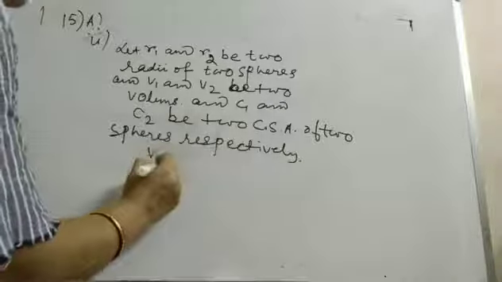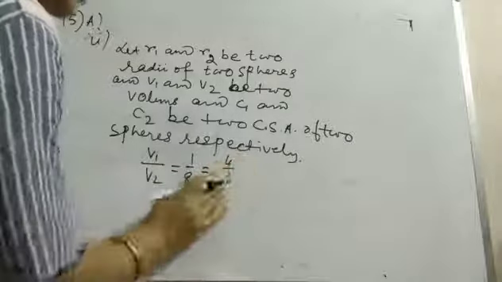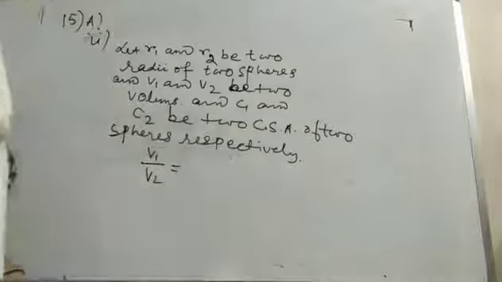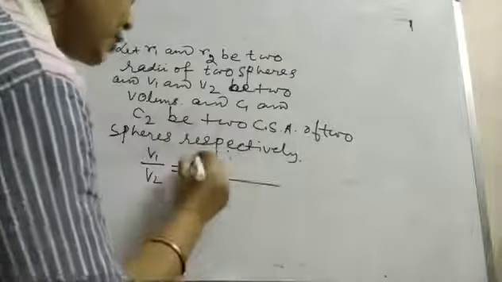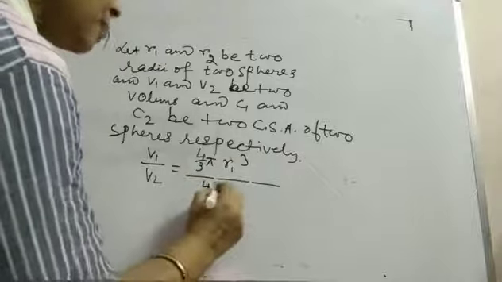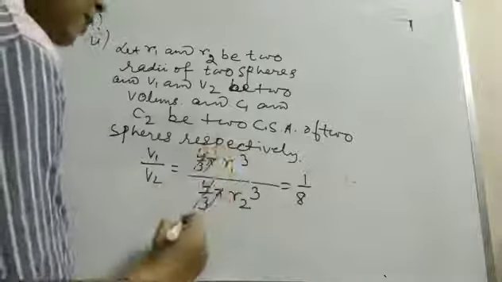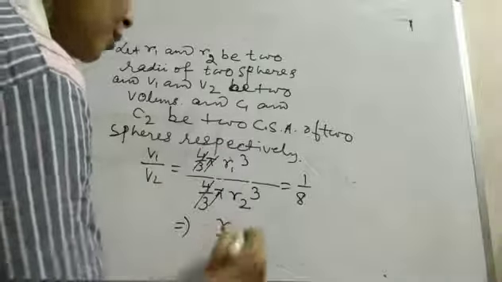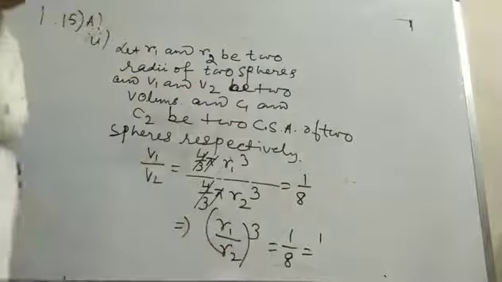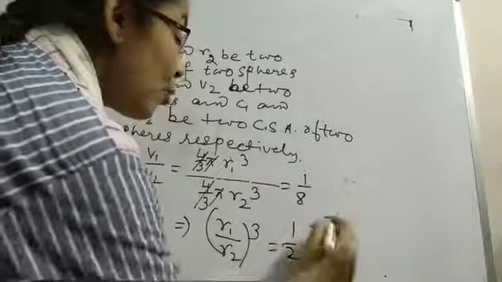I have V1 by V2 equal to 1 by 8. V1 by V2 equal to 4 by 3 pi R1 cube by 4 by 3 pi R2 cube equal to 1 by 8. 4 by 3 cancels out. R1 by R2 whole cube equal to 1 by 8, equal to 1 by 2 whole cube.